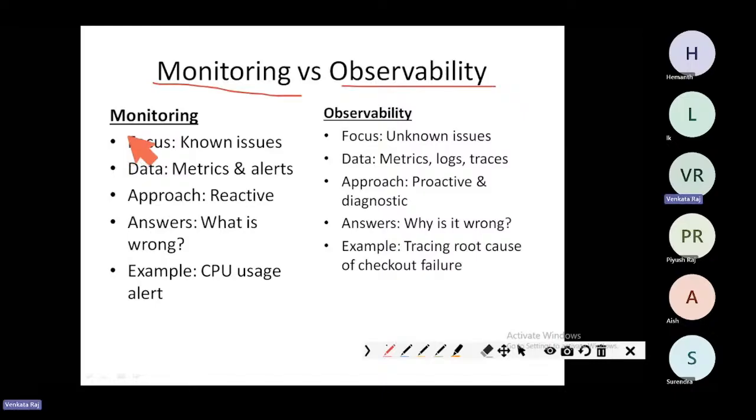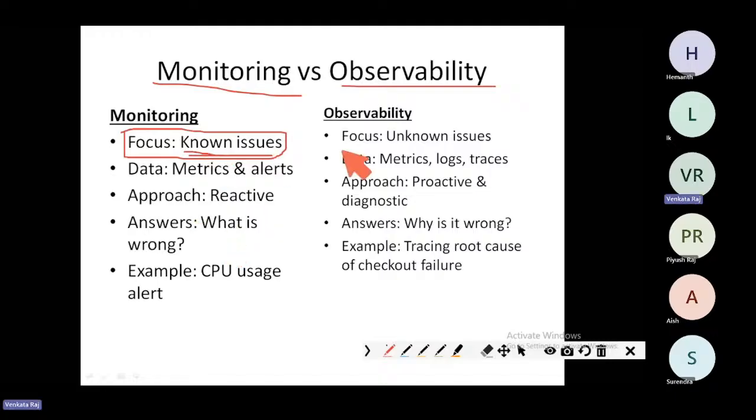In monitoring, our focus is on known issues, guys. Whatever issues you get during the monitoring of the application, you would have configured the alerts, for example. You got a problem in the application, so you know that issue. In case of monitoring, your focus is on the known issues.